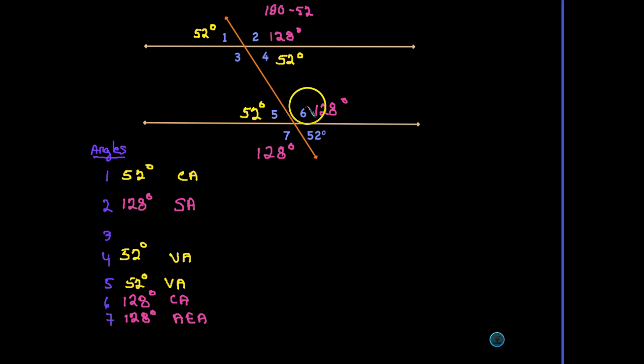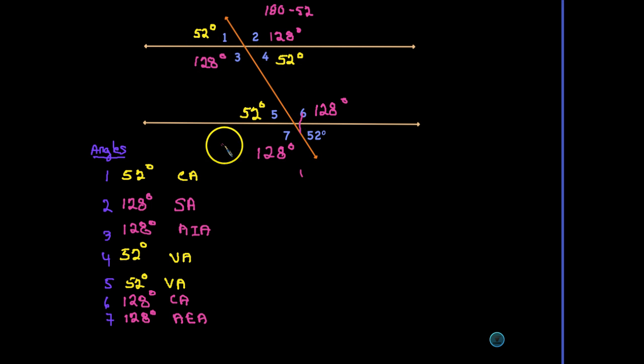Okay, now let's use the alternate interior theorem. We haven't used that yet. So what is angle 6 and angle 3? Those are alternate interior angles. So I know that angle 3 also has to be 128 degrees. And my reason is alternate interior angles.